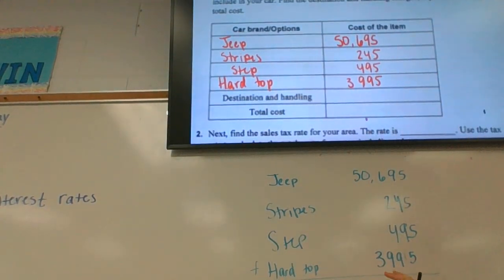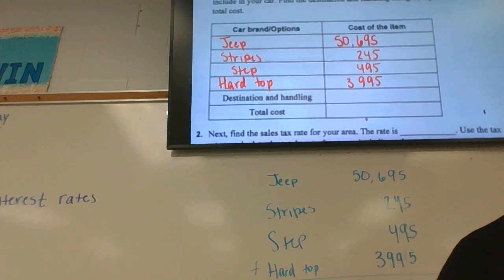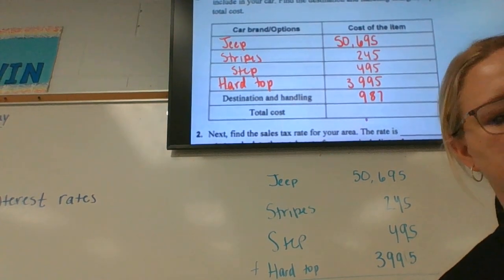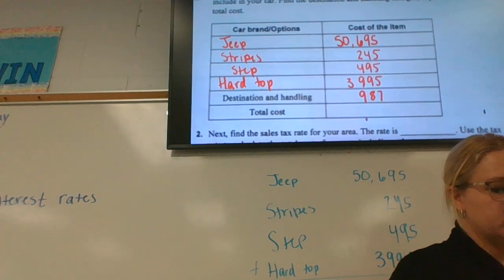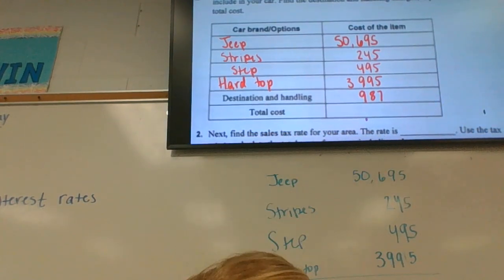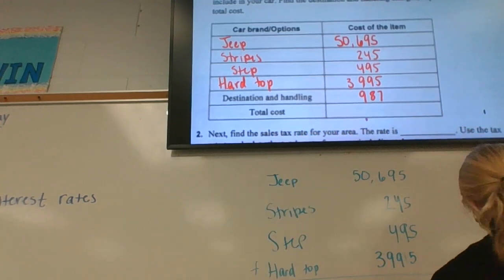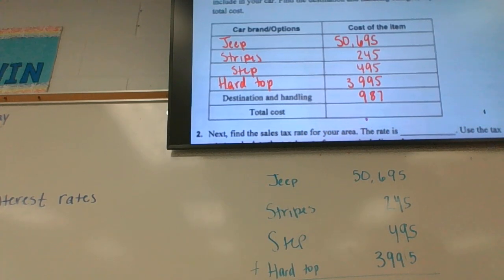I'm gonna put for destination and handling 987. It's typically more than that. But that's what I found for dealership fees. So I'm gonna grab my calculator and add all of this up. If you don't have a calculator, you can go to Google Calculator or Desmos Scientific Calculator.